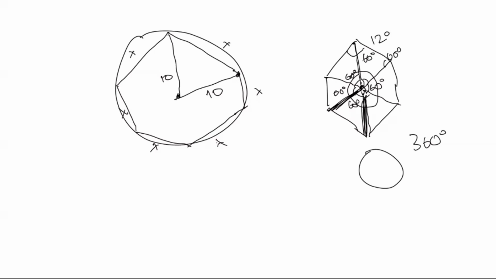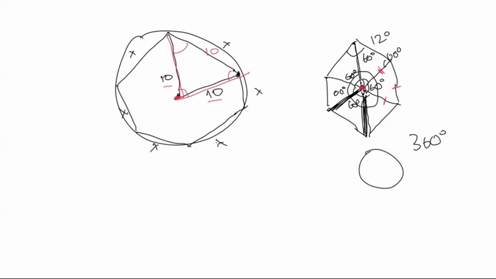So what this means is that in a hexagon, especially one that's regular, all the side lengths will be equal if you draw a point to the center. And we're in a circle, so this is the center. So this is 10, this is 10, and all the angles are equal. So this is an equilateral triangle. So this side length is 10, this side length is 10, and this side length is 10.